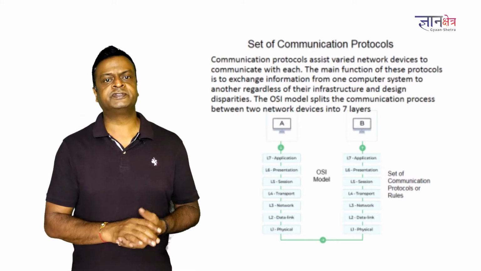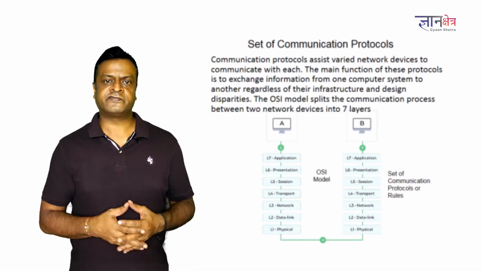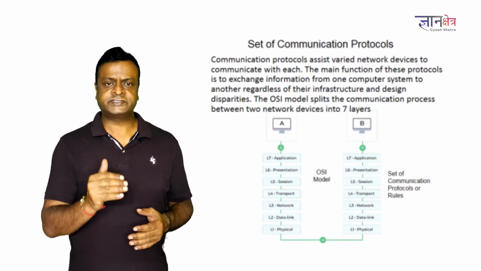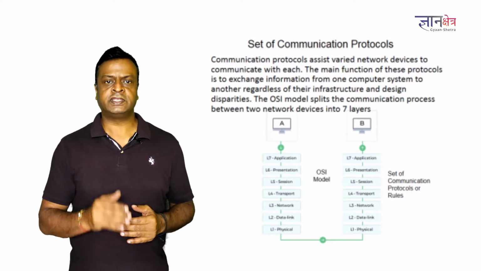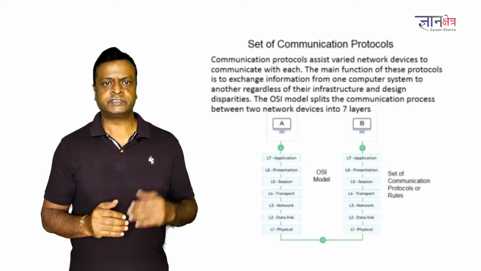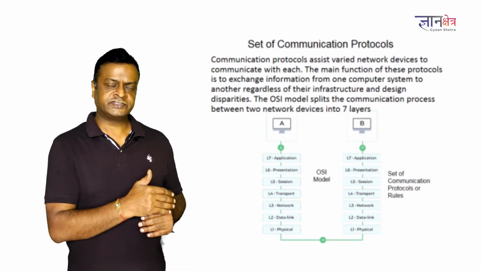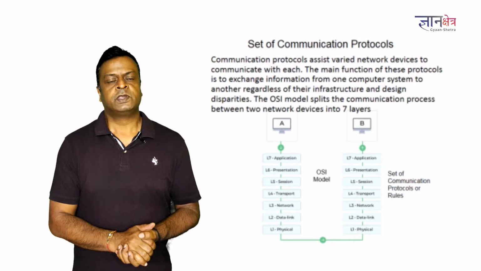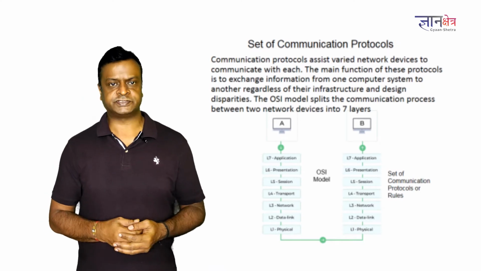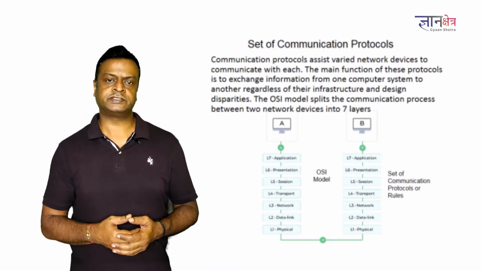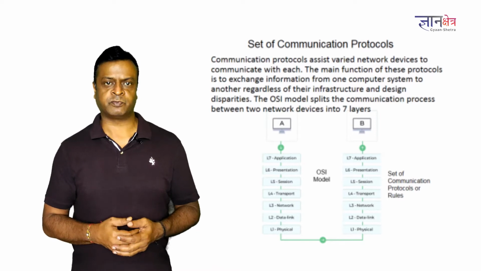And this job is done by the OSI reference model, which splits the communication process into 7 layers, which allows the information to pass from one system to another. So all the networking technologies describe the network architecture within the OSI reference model.